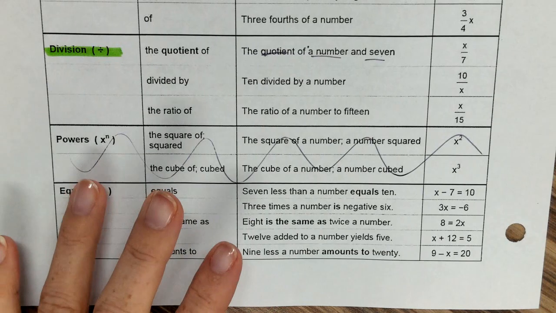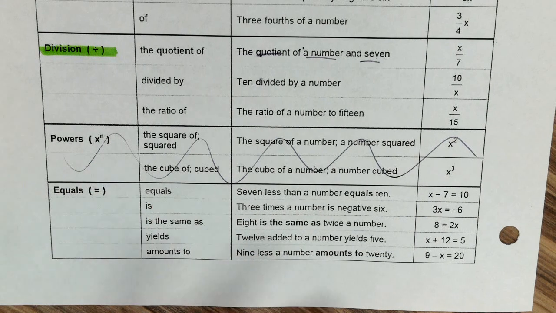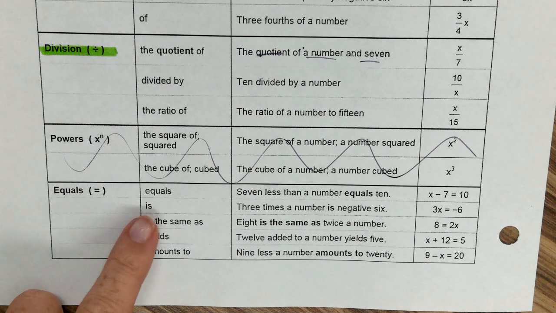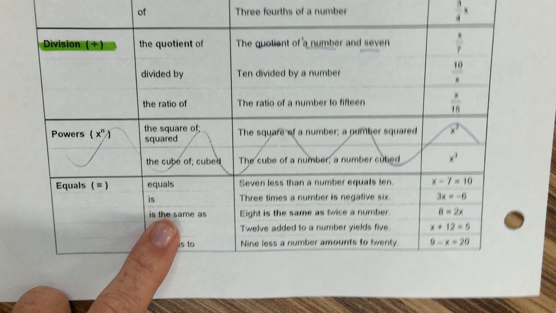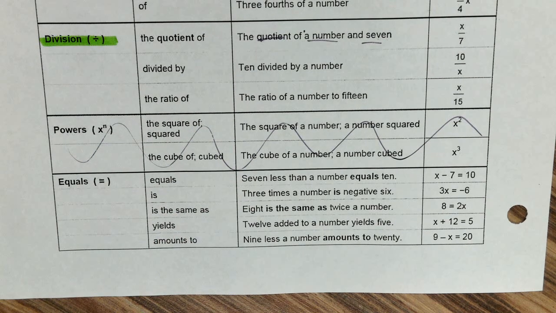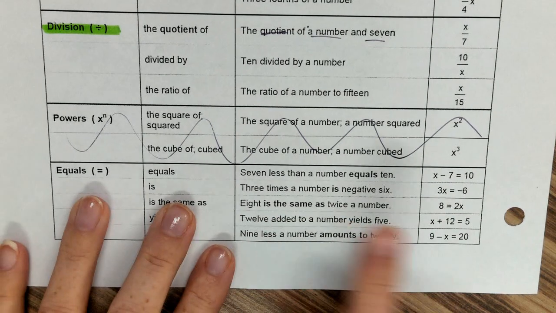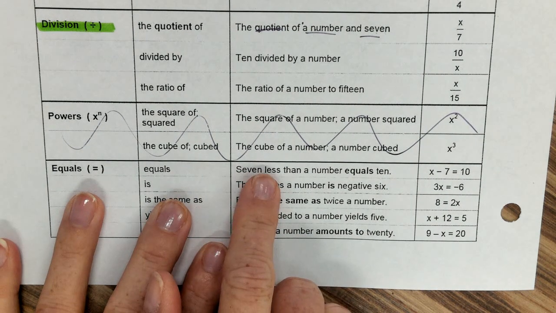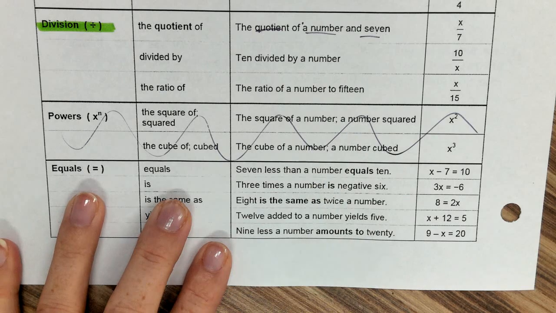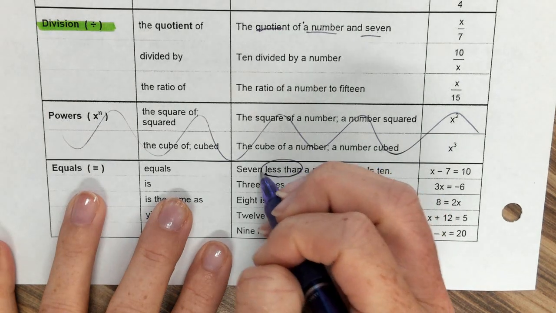And then these are words for equals. Of course, equals means equals. Is the same as, yields, and amounts to. So you're going to be given words and have to turn them into this. So let's look at an example. 7 less than a number. What did we learn about less than?